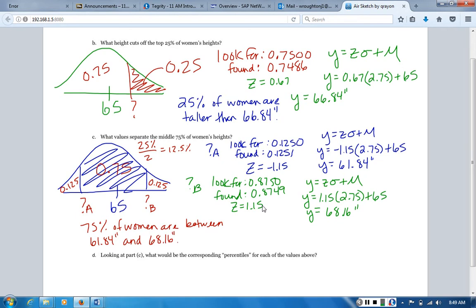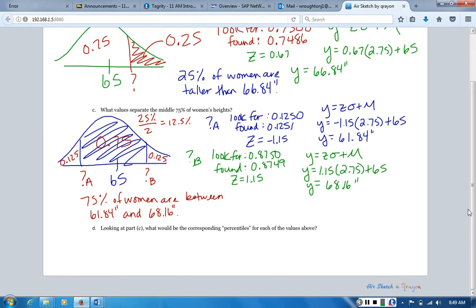Now, to truly make sure we're understanding what percentiles are, that's why I'm asking. We're going to look at the one that we just completed and understand what a percentile is. The two different numbers we found, 61.84 inches and 68.16 inches, I want to figure out what percentile each of those are.